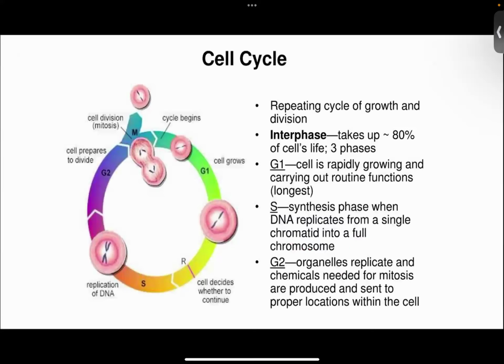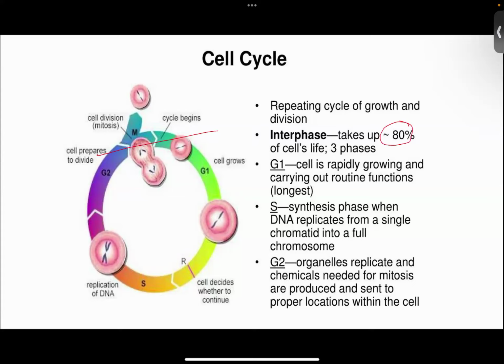So if you look at the cell cycle, you can just focus on the cycle. This is what I was telling you about. This is the interphase. Interphase takes up 80% of the cell's life. Interphase starts with the G1 phase.